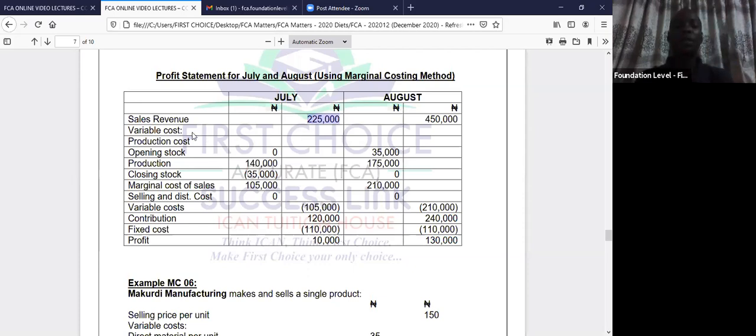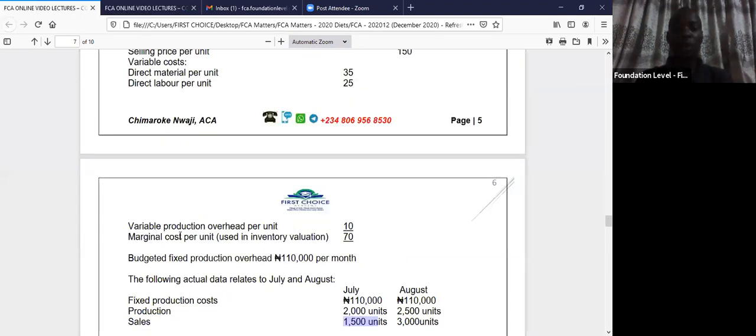Now, let's look at how we can get our variable costs. We'll start with marginal production costs. We had no opening stock in July, so it's 0. What about production? We are told to use marginal production costs, which contain direct material, direct labor, and variable overhead.